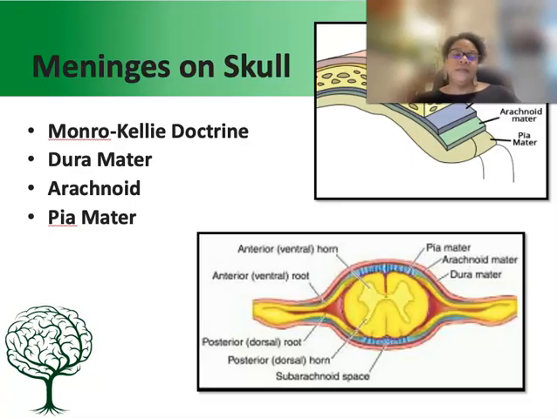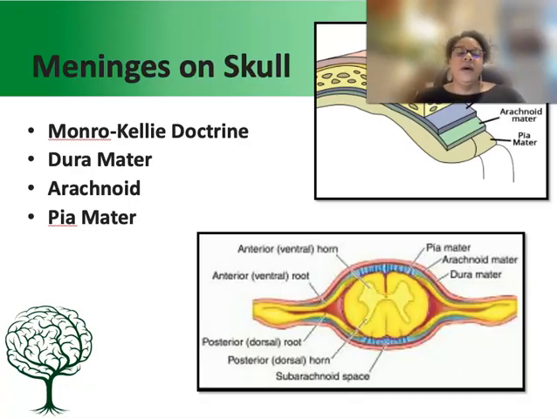Sometimes when we get certain bleeds, as we'll talk about later on, it's really important to know where that bleed is occurring, because that will tell us what type of bleed it is and the source of the bleed, and also how we're going to treat it.